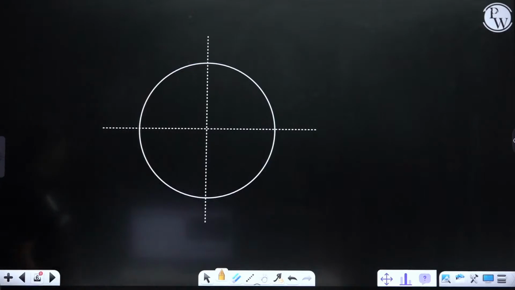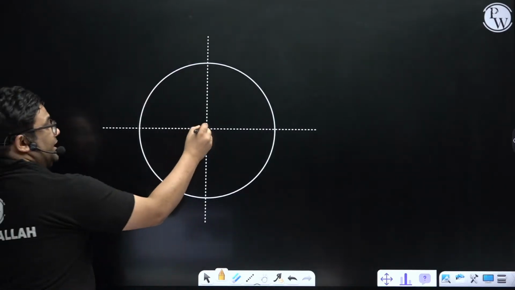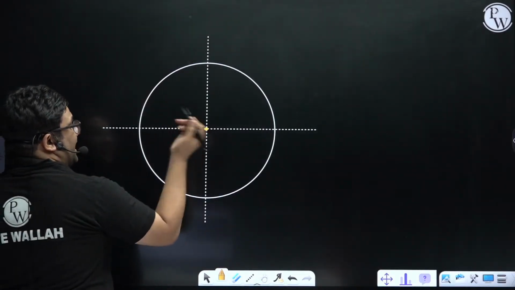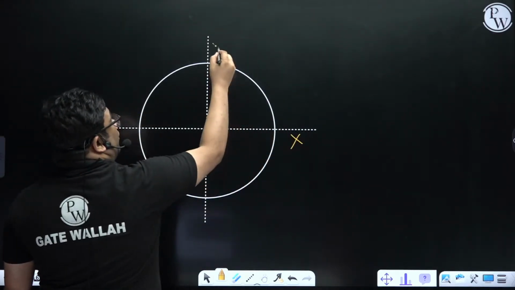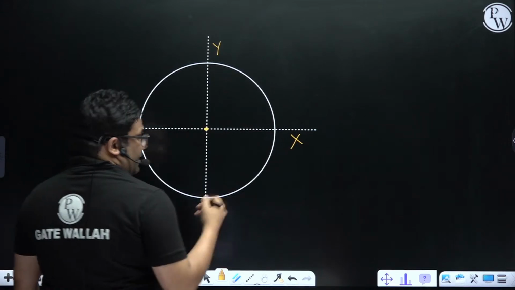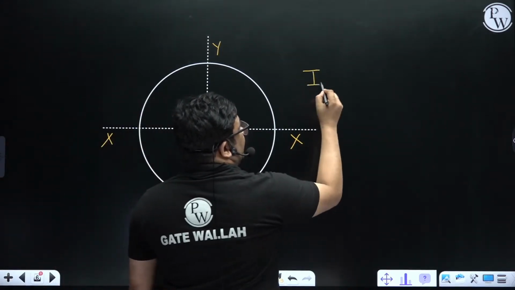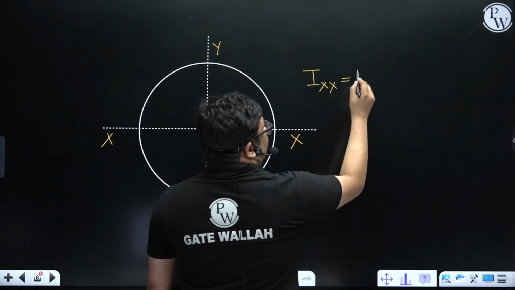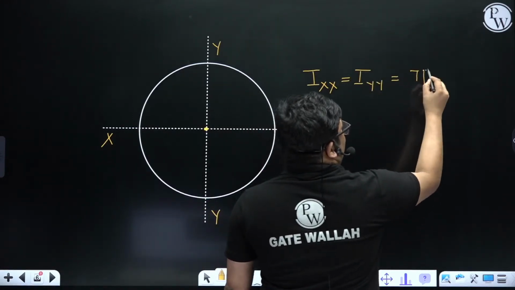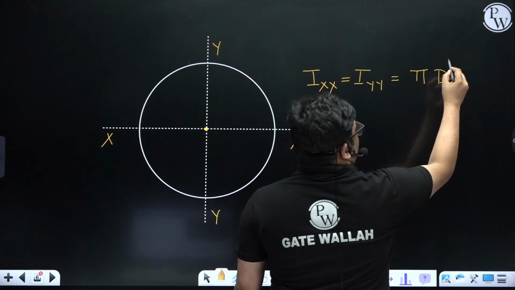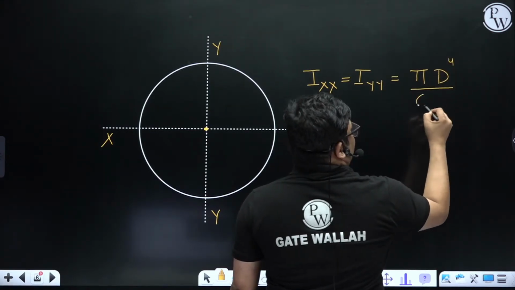A rectangle has two dimensions, but a circle has only one dimension, the diameter. So about x-x or y-y, Ixx is equal to Iyy is equal to pi d to the power 4 by 64.